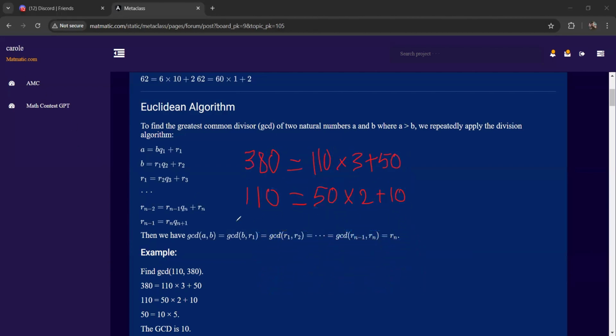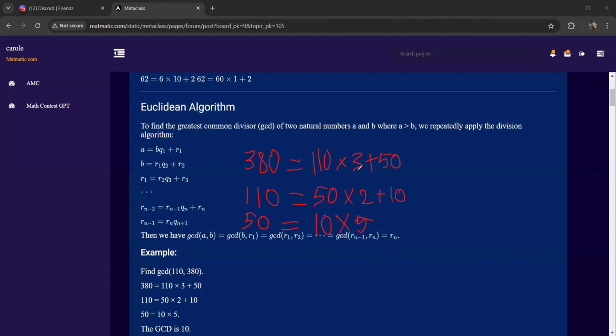And then after we've done the second division, we take the divisor again and it becomes the dividend. No, we take the first remainder this time. And yeah, now we have no remainder.